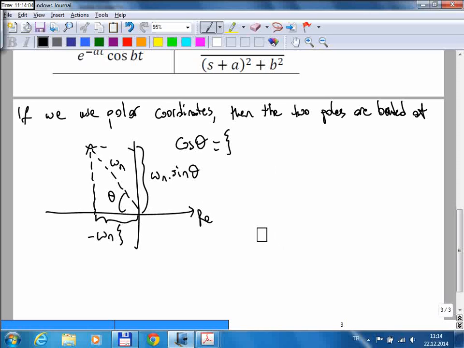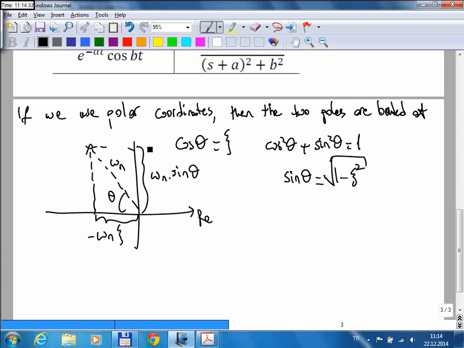But instead of sine theta, I can express it in terms of this zeta. So we have this trigonometric relation cos squared theta plus sine squared theta is equal to 1. But since cos theta is called zeta, this gives us that sine theta is equal to the square root of 1 minus zeta squared.